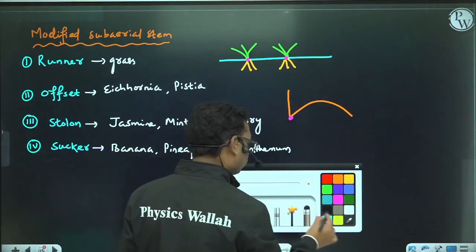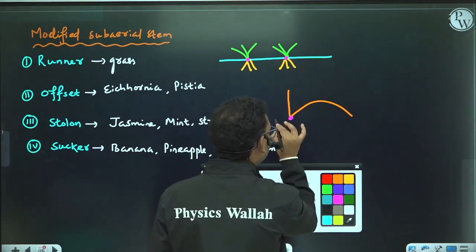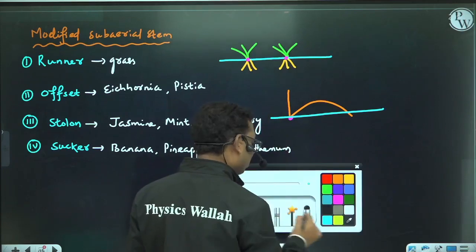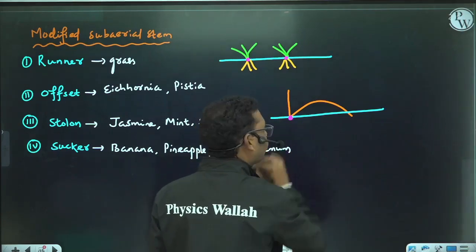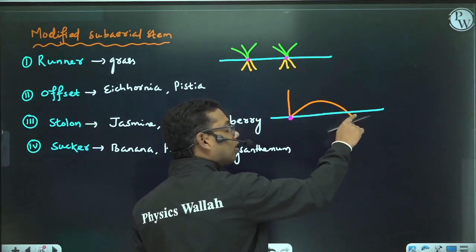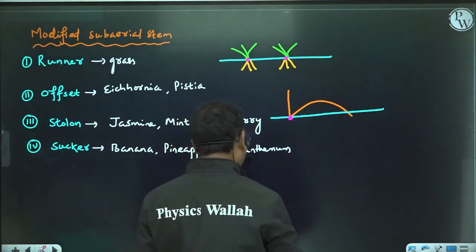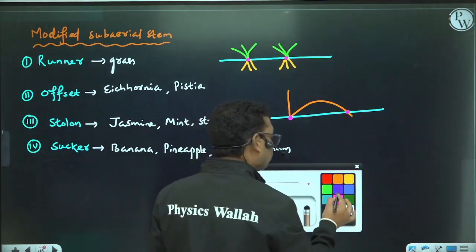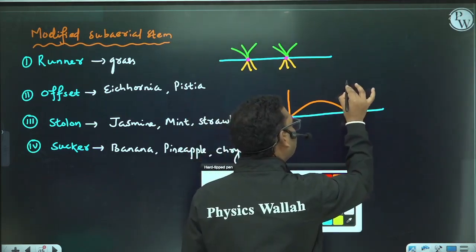Suppose this one is the soil surface. Here I am having the node, and when the stem touches the ground, a new branch will develop.